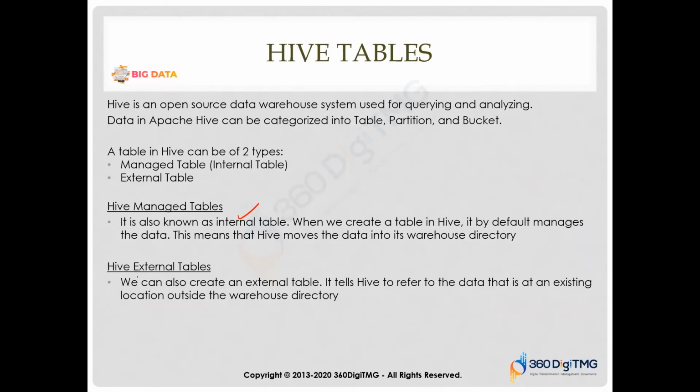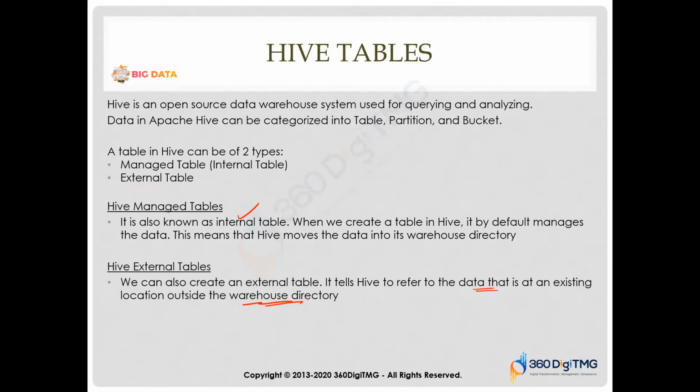Now we also have something called an external table. When we create an external table, Hive does not have any control over the actual data of the table. Hive only refers to the data which exists outside of the warehouse directory.